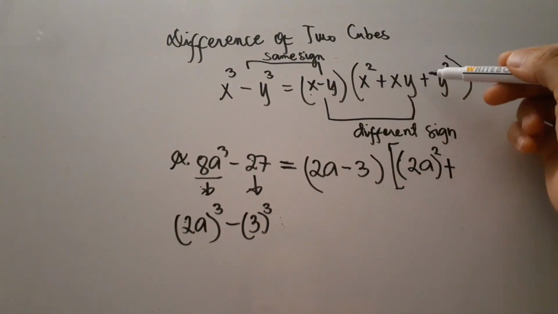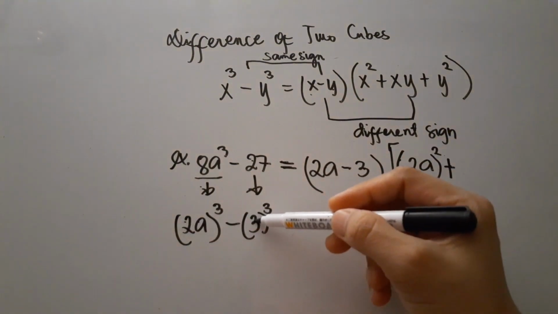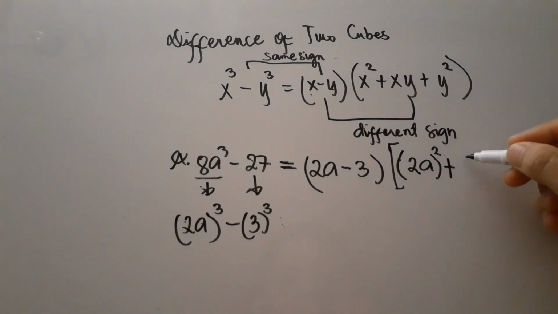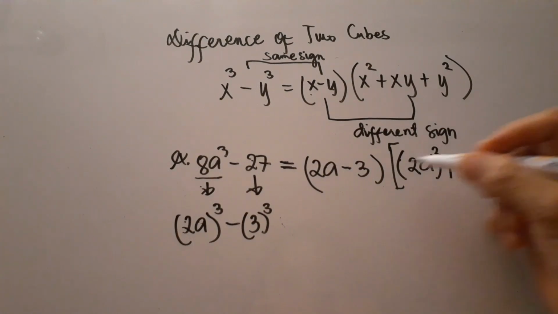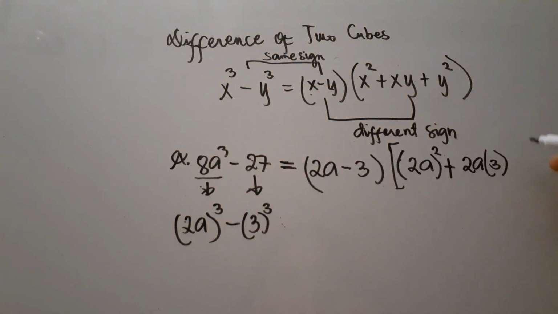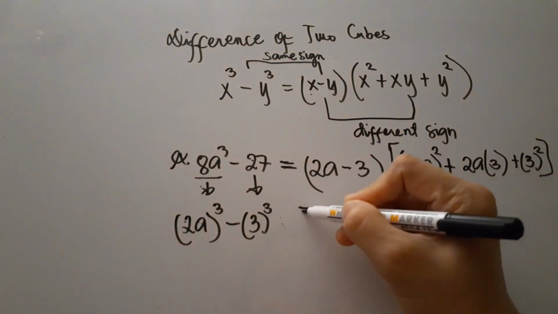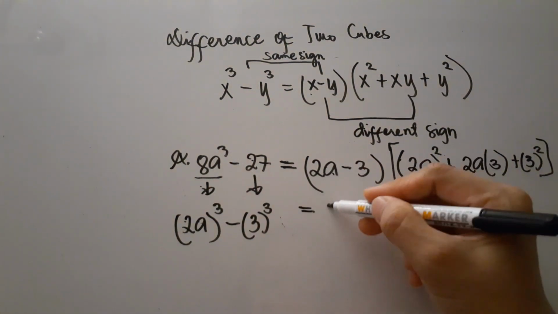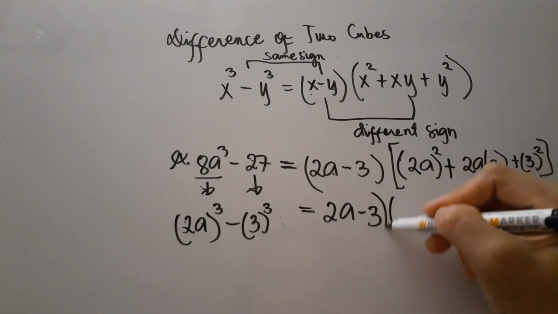Remember the signs of the difference of two cubes. Only one sign is negative, so all the signs in the trinomial are positive. So we can combine 2a and 3 to become 2a times 3, then the square of 3, which is positive 3 squared. Remember that in the first term we have the exponent of 1, and the second term has the exponent of 2.